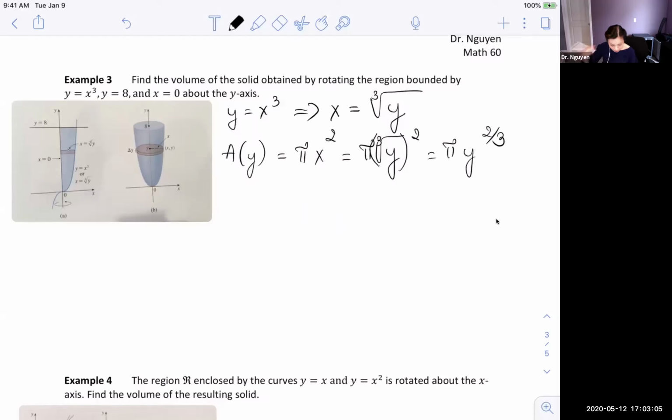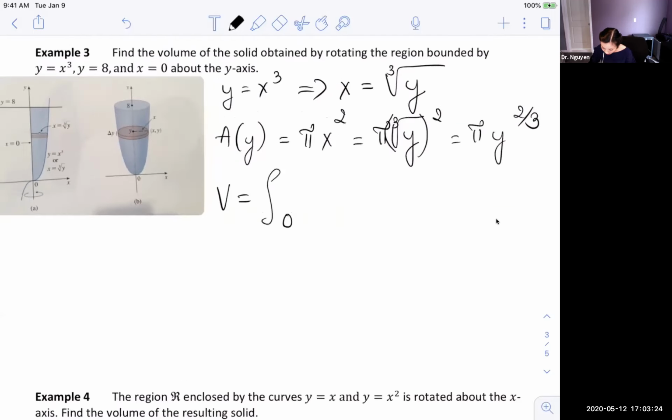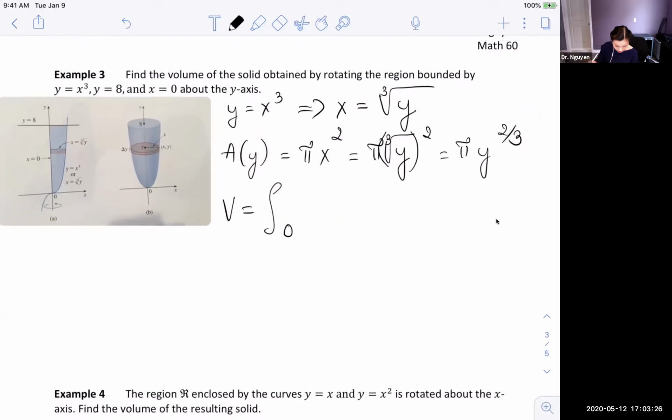Okay, so make sure you remember we're dealing with dy now. So for the volume, the volume is going to be from 0. Oh, by the way, we're dealing with y, right? So you have to change it. You have to go from 0 to 8.